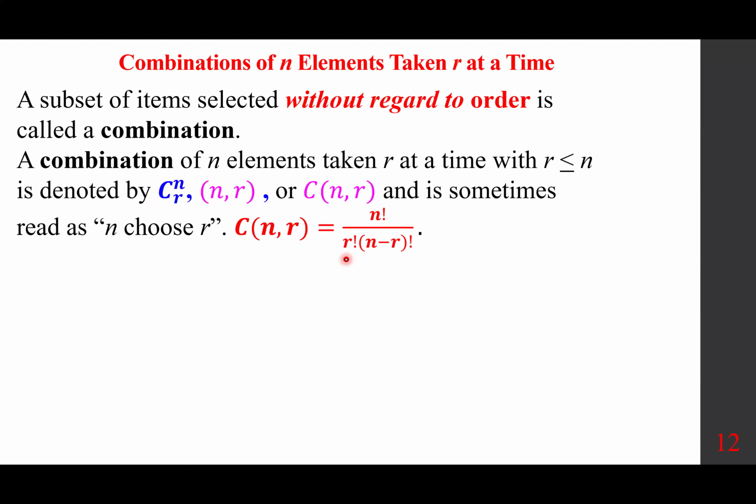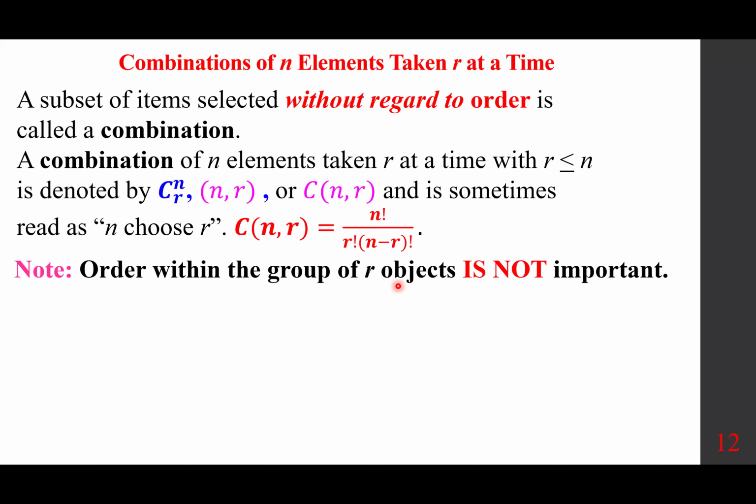That's n factorial over r factorial times n minus r factorial. Notice this means you really are dividing the permutation by r factorial, making it smaller, because r is normally larger than 1.